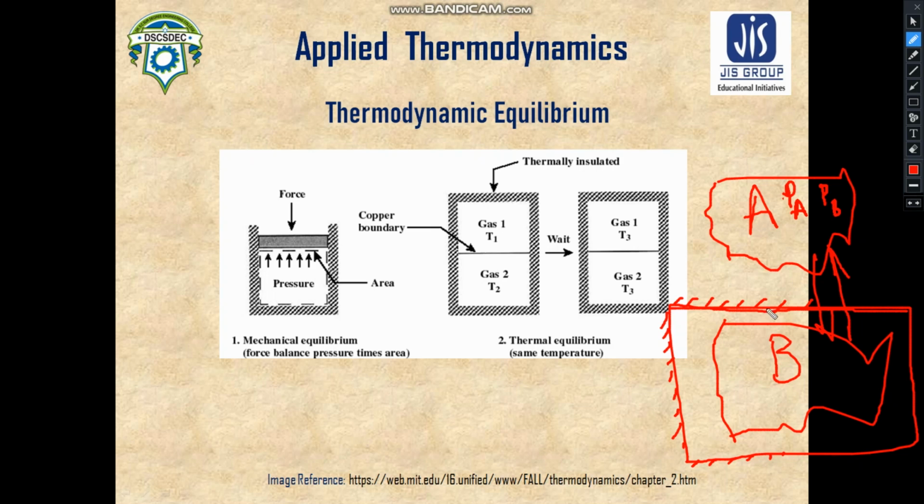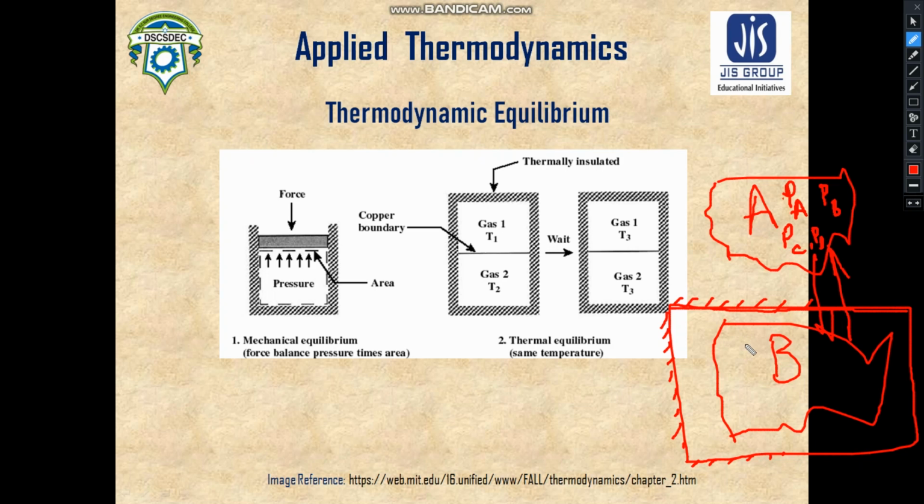Whenever we isolate this system from the surroundings, obviously after some time we'll realize that the property values will reach some different values, and it should be understood that these PC and PD values are the values of equilibrium.